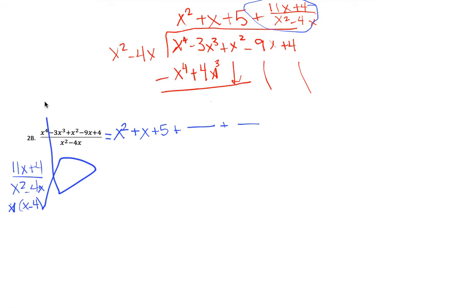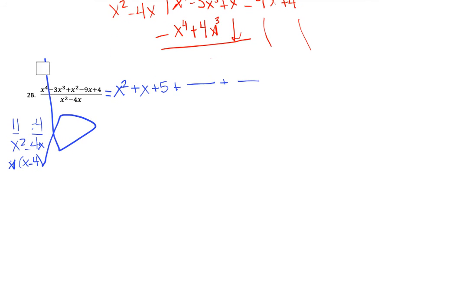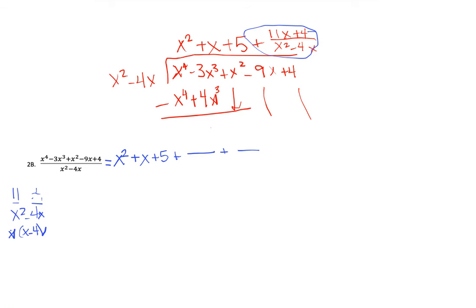So my denominators: I'm just going to write my 11x plus 4 is going to be equal to A over x and B over x minus 4.